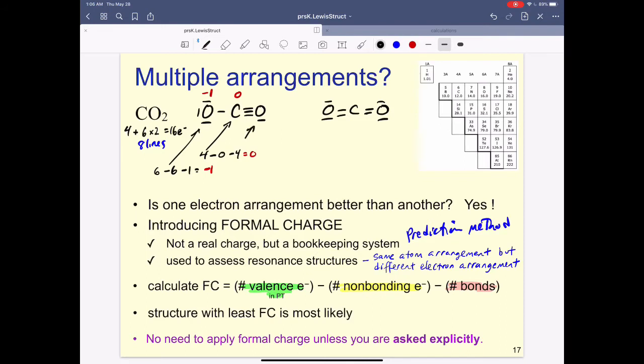And lastly, the oxygen on the right-hand end with 6 valence electrons in the periodic table, minus 2 for the unshared pair, minus 3 for the 3 bonds, 1, 2, 3, and we'll end up with +1. So we do have some formal charge.